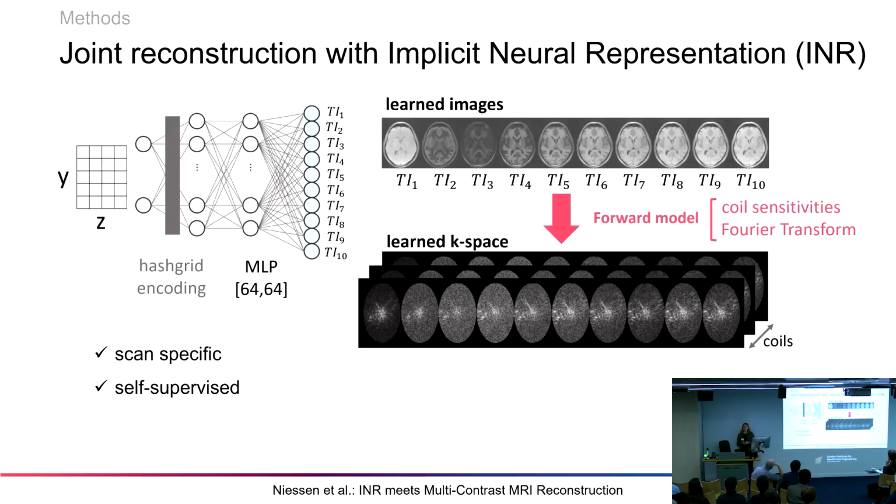Now, in order to compare this learned k-space with the acquired data, we apply the complementary undersampling masks to have a data consistency loss in k-space. We also use a distance weighting because in k-space you have higher intensities in the center, and so we make sure that the lower intensities in the high frequency domain are also respected.